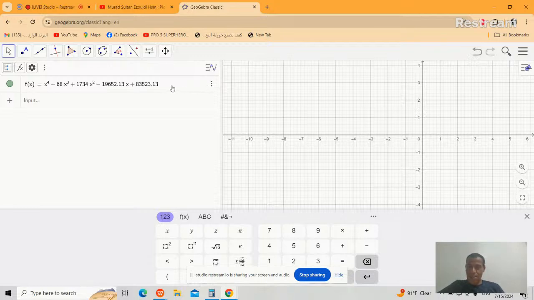Come GeoGebra, please solve. My God, that happened to you. Only special point.